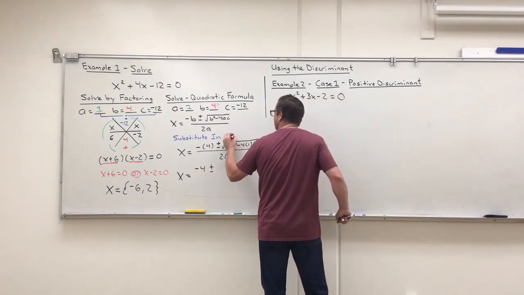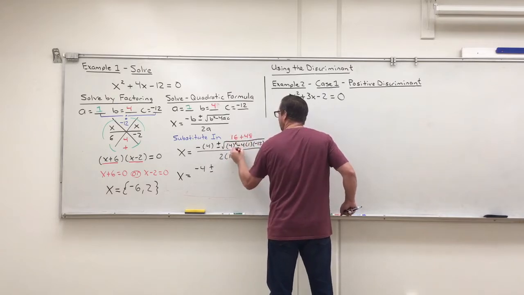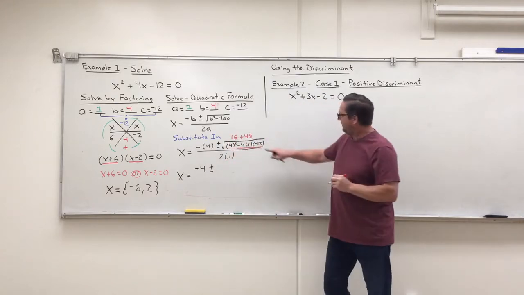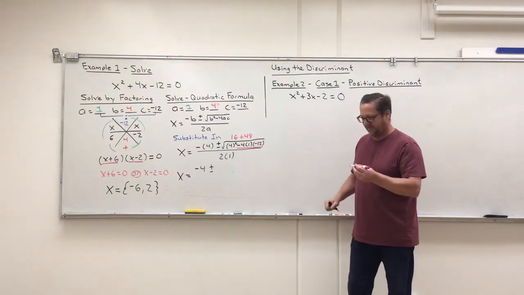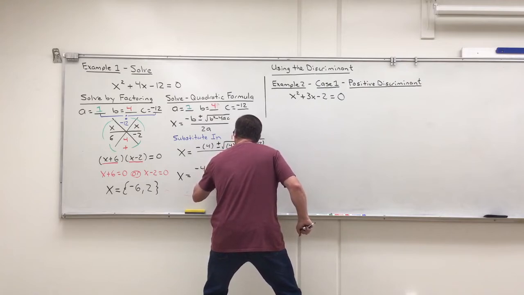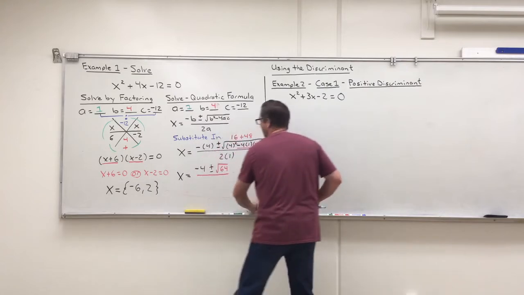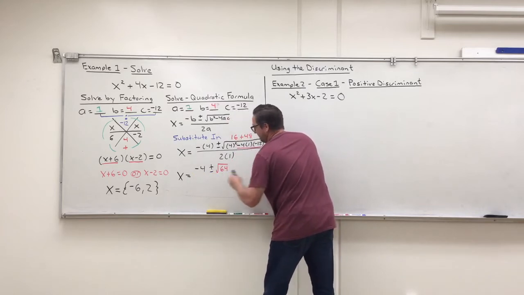And then here, if we do all this, it would be 16 plus 48, which would give us the square root of 64. I'm going to keep that in black.